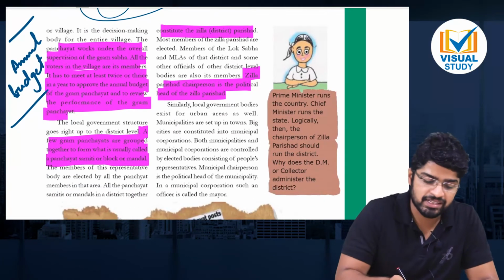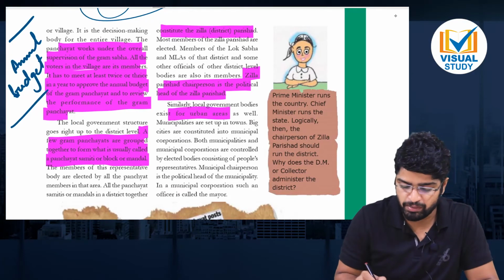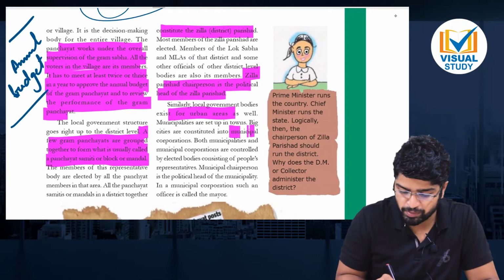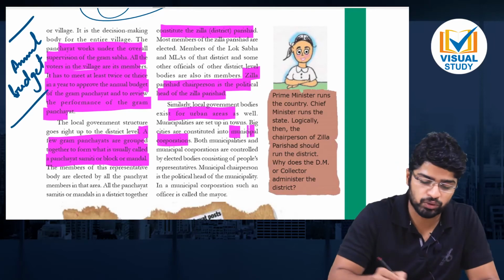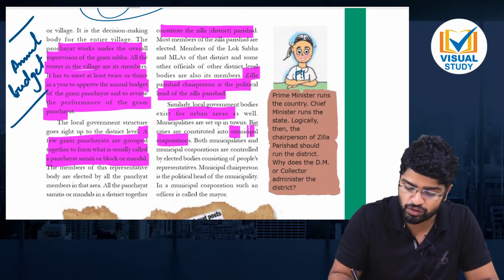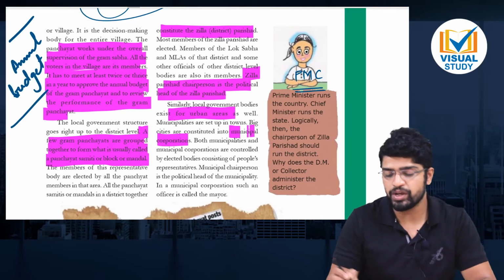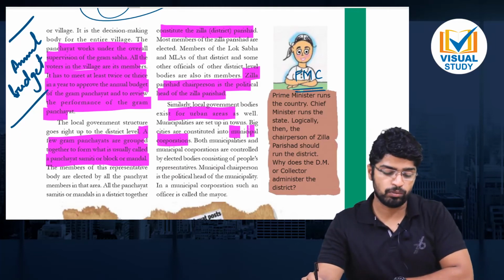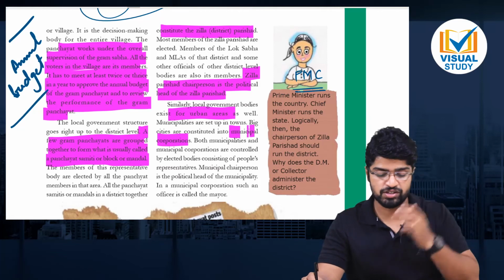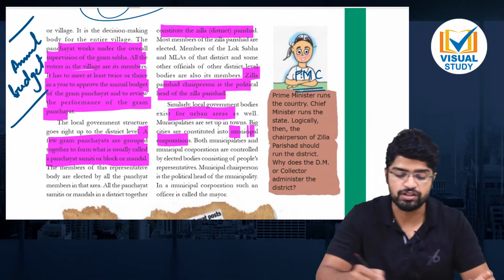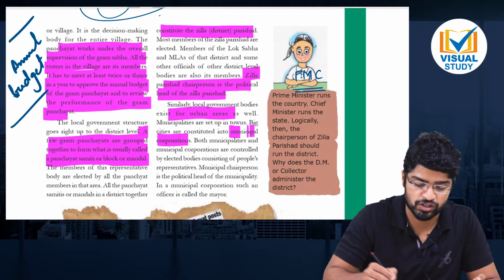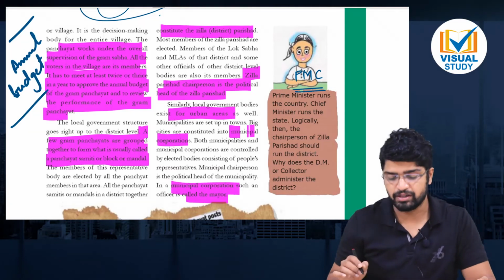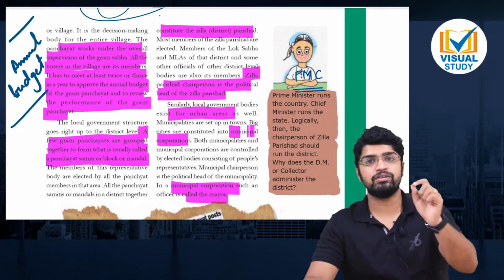Similarly, for a city also there is a government, called the municipal corporation. For example, our own Pune has a municipal corporation called PMC, Pune Municipal Corporation. Both municipalities and corporations are controlled by elected bodies consisting of people's representatives. The head of the corporation is called the mayor.